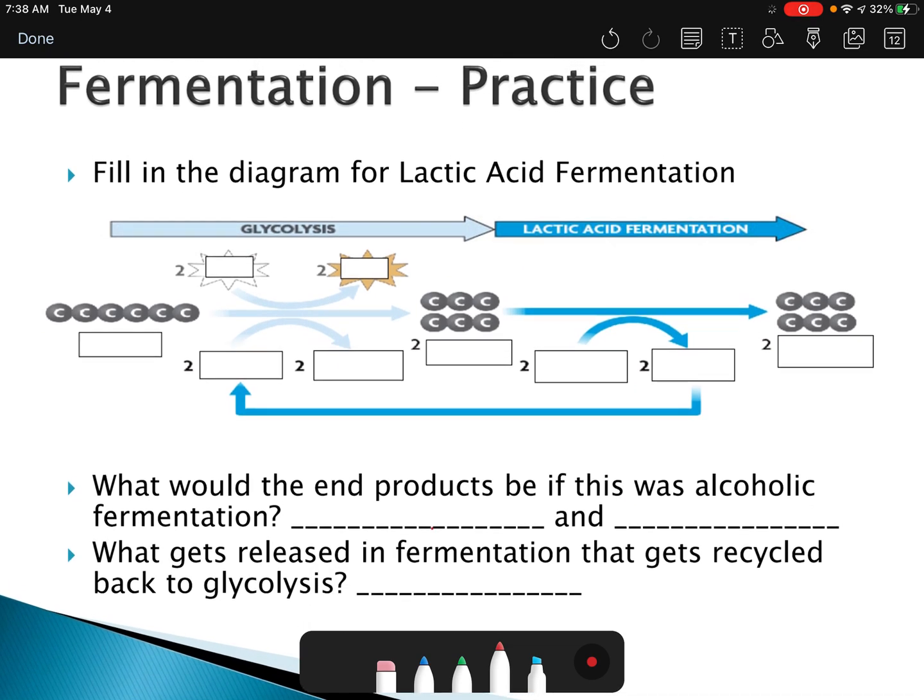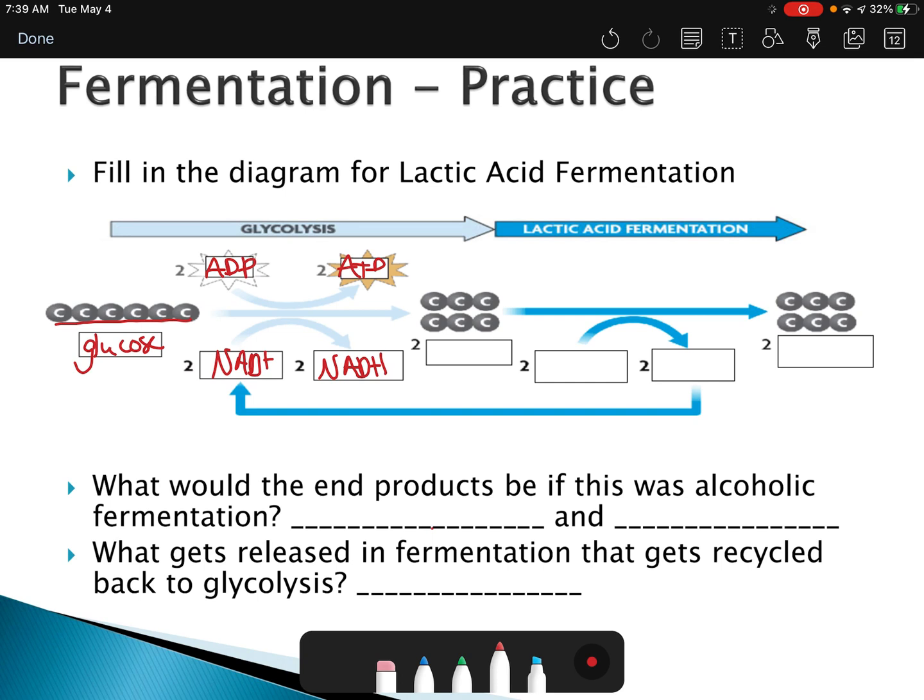So this last part is just to give you a little bit of practice, so you can always come back to this and erase it and try it again, just to review before a quiz or a test. So let's see again, this 6 carbon molecule here, that would be glucose. And we need 2 ADP, again this is net, to produce 2 ATP. And then we have 2 NAD+, which gets converted to the energy carrier 2 NADH.